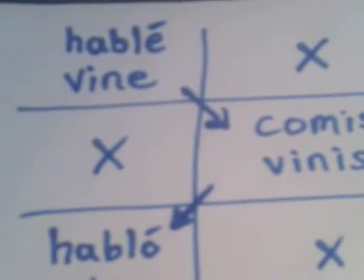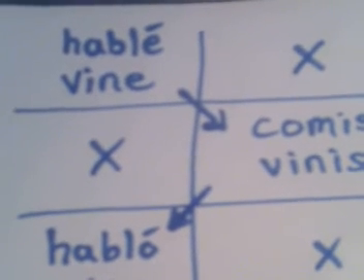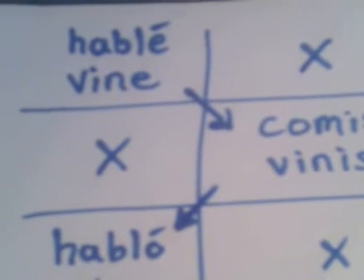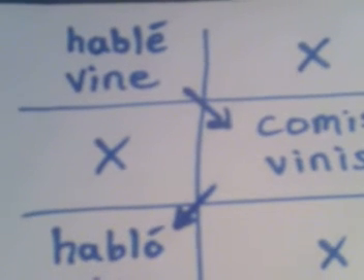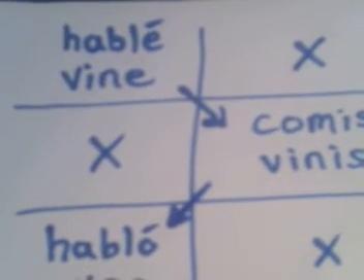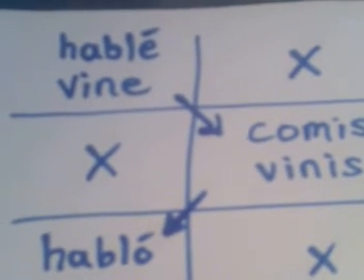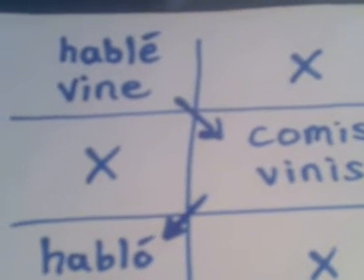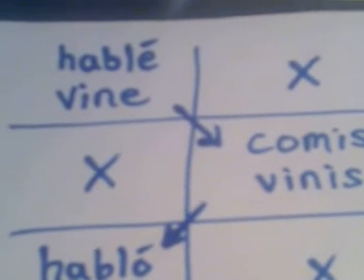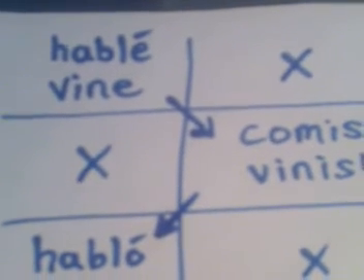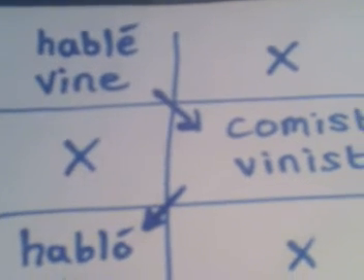So you'll notice that as I move in a zigzag formation from left to right and then from right to left, the accents from the first word, if indeed the first word in each box does carry an accent, does in fact disappear from the second word. As you can see there, hablé carries an accent, whereas vine does not.